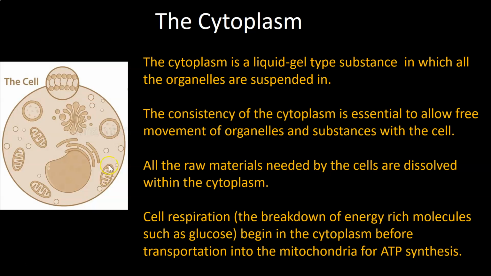We talked about the mitochondria using the breakdown products of glucose to generate ATP. The actual breakdown of the glucose happens in the cytoplasm. So cell respiration, the breakdown of energy-rich molecules such as glucose, actually begins in the cytoplasm before transportation into the mitochondria for ATP synthesis.